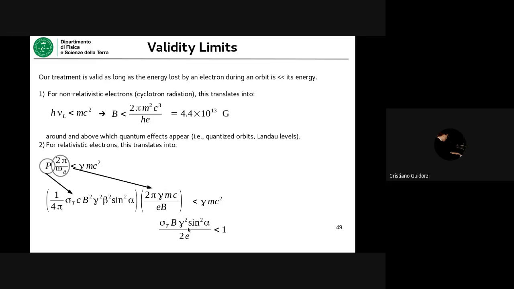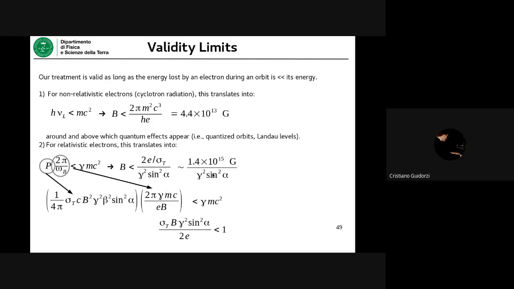But you can express, as we did in the previous case, this condition as a condition on the magnetic field. So this holds true as long as the magnetic field is smaller than this value, which, replacing the constants here, is 10 to the 15 Gauss over gamma squared times the sine squared of the pitch angle.